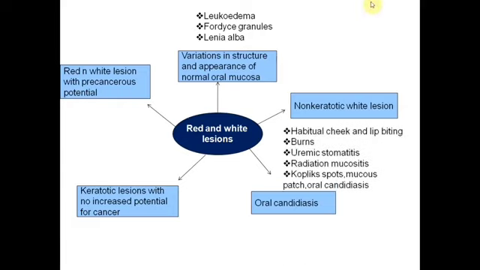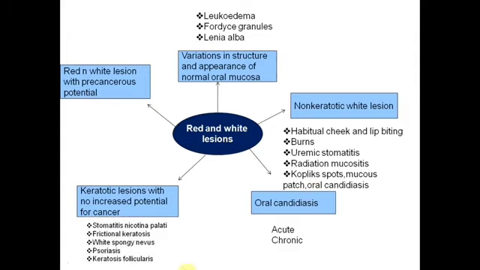And in non-keratotic white lesions, there are habitual cheek and lip biting, burns, uremic stomatitis, radiation mucositis, Koplik spots, mucous patch, and oral candidiasis. Oral candidiasis could be classified as acute and chronic. And keratotic lesions with no increased potential for cancer are stomatitis nicotina palatini, frictional keratosis, white spongy nevus, psoriasis, keratosis follicularis.